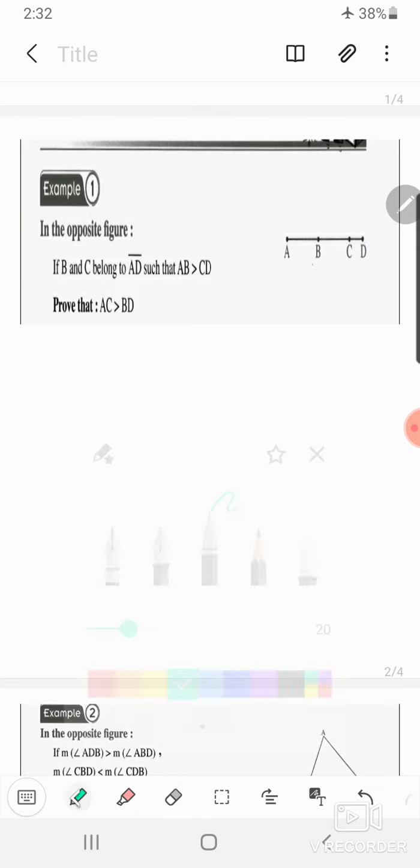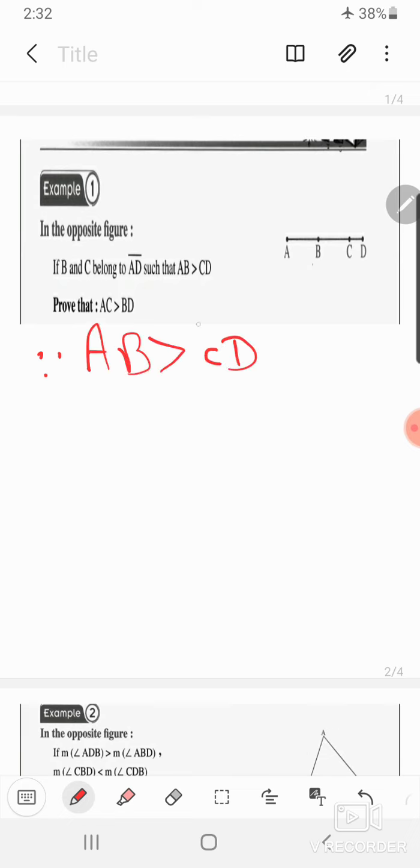First of all, I will write: since AB is greater than CD. Of course, I get this one from the given. Here you have AB, and this one is CD. Can I put BC in both sides?